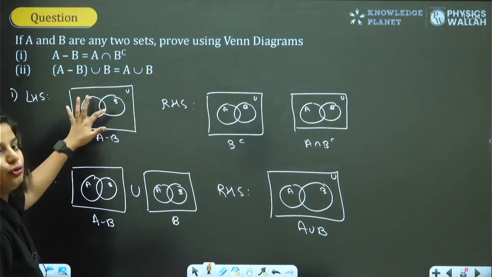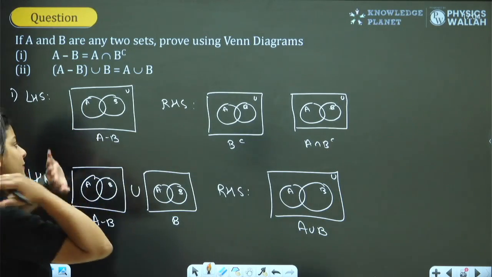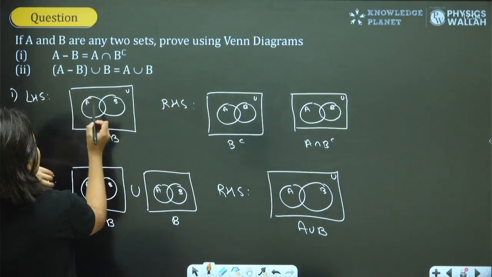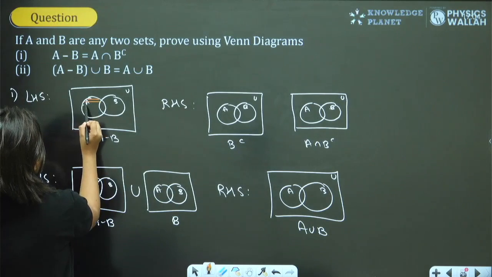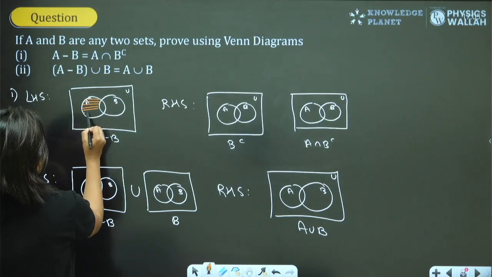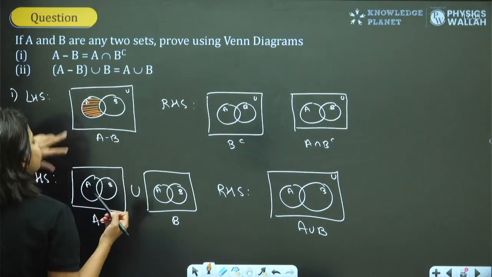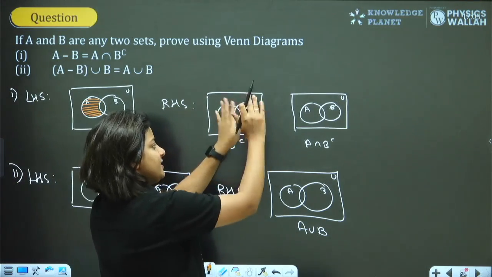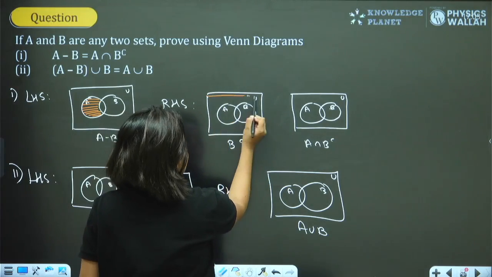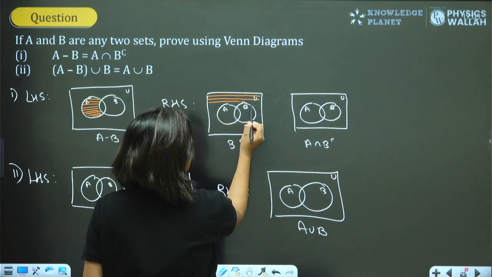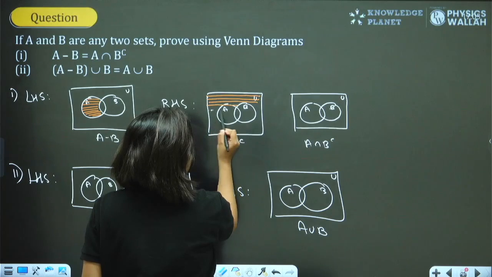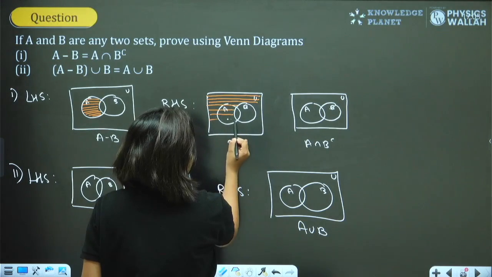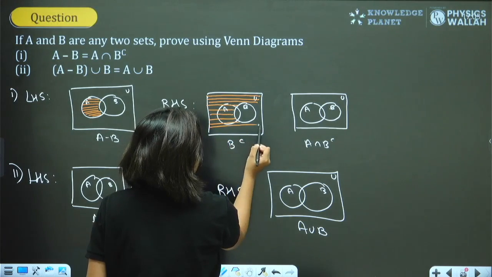First one, how do we shade A minus B? Everybody, A minus B. From A you will remove B. This is what is left. B complement means from the universal set remove B. That means everything in the universal set will be marked except the circle B. Everything outside of the circle B should be shaded.